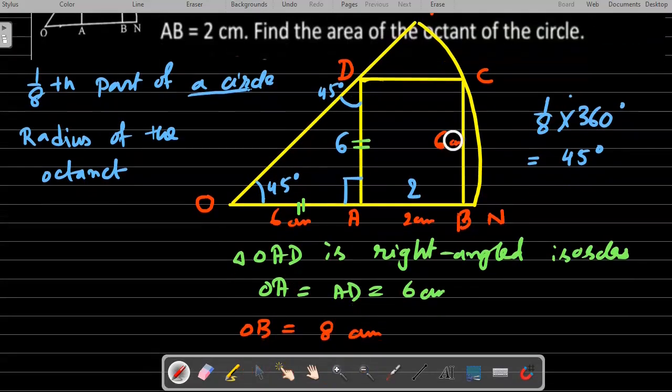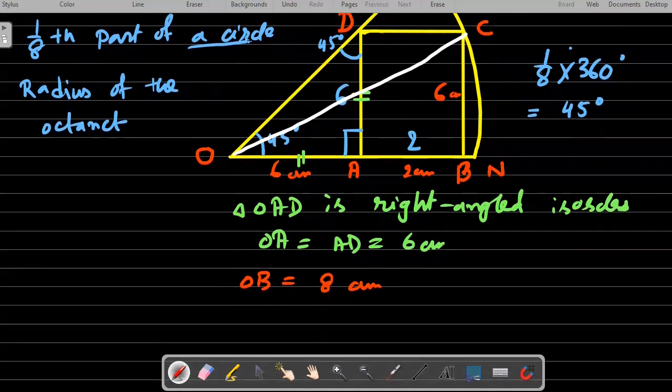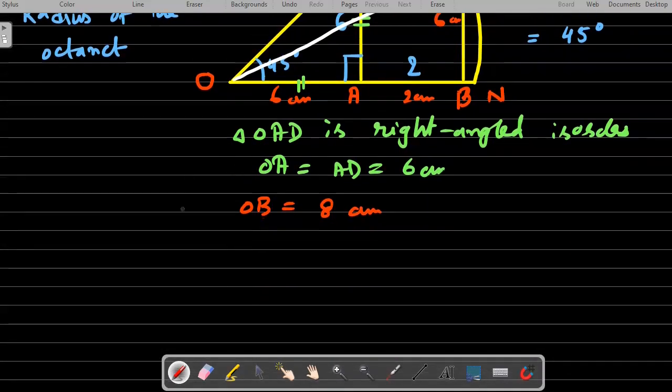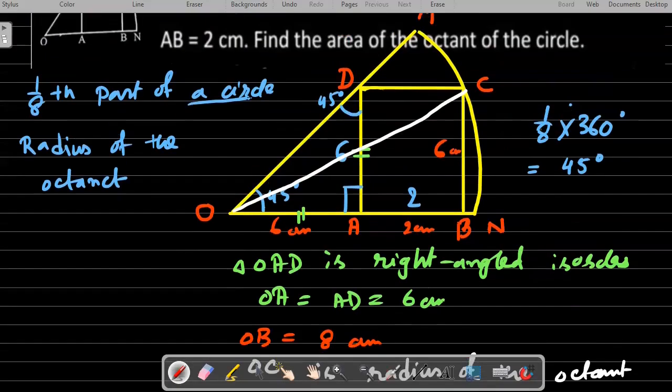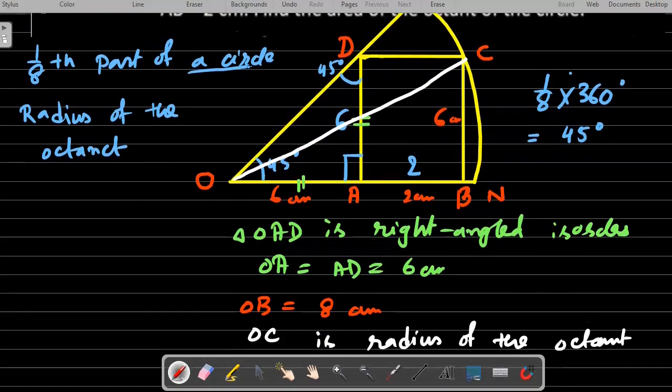Now let me draw a line. This OC is the radius of the octant, because it is drawn from the center to the circumference.